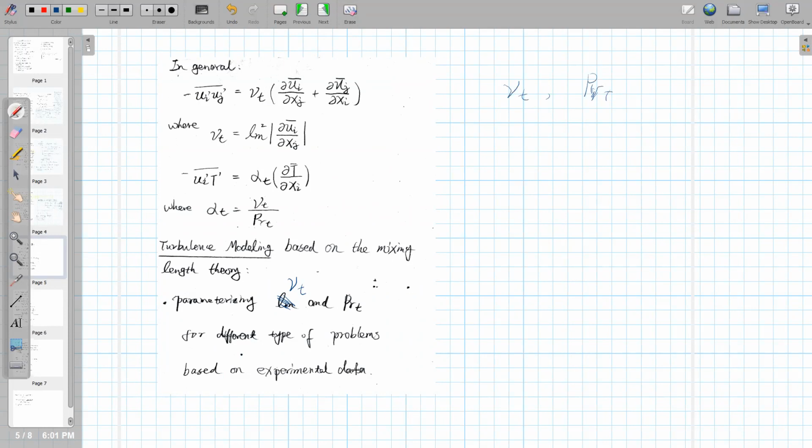What do I mean? We can take experimental data on some turbulence problem, right? We can try to measure, for that problem, what the nu t will be and what the Prandtl t will be.